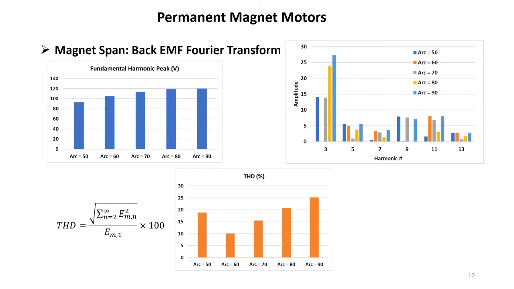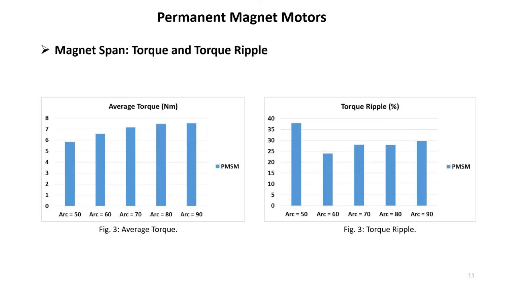So what is going to happen? What does it mean? Let's see it. This shows the torque and the torque ripple of the machine. What you can see here, by increasing the magnet dimension, which is here the arc of the magnet or magnet span, you're clearly increasing the average torque generated by the machine, which we expected, because by increasing the magnet span, you're increasing flux density.